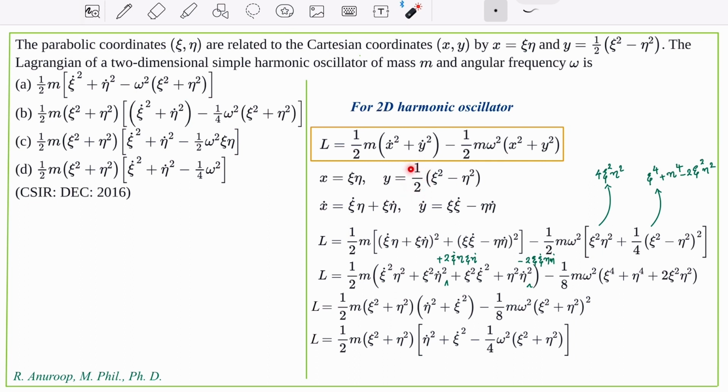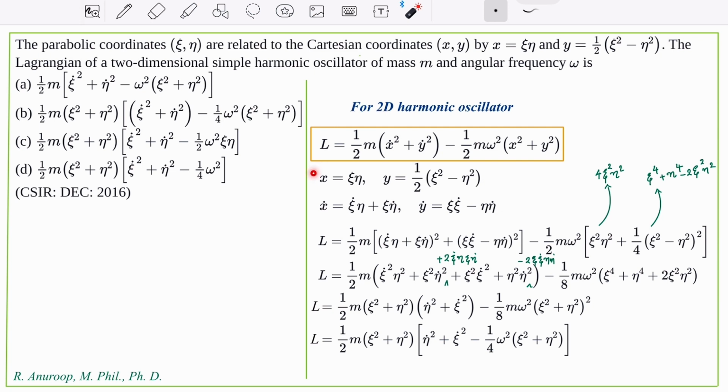Here there is a 1 by 2 which is common, and if you take the derivative, the first term becomes 2 times psi, with the 1 by 2 factor outside, into psi dot. So the answer is psi dot. Similarly, for the second term we have 1 by 2 into 2 times eta into eta dot, that is eta dot. That is, y dot is equal to psi dot minus eta dot.